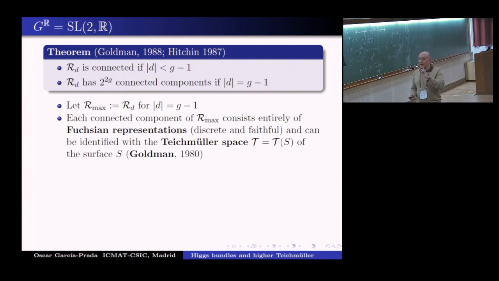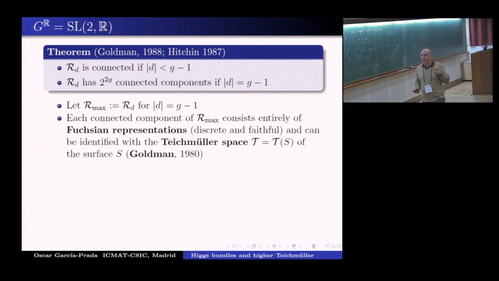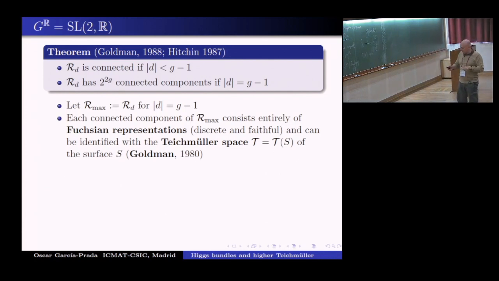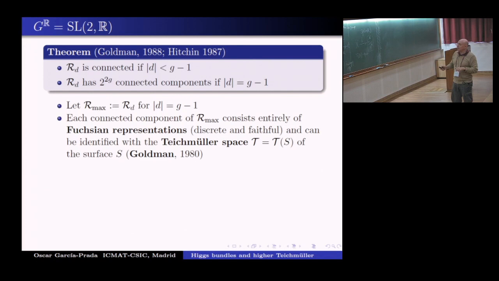You'll see later on how they appear, in fact, as square roots of the trivial bundle, which are 2 to the 2g, okay? And so spin structures, right? And this is how you actually construct these components. Let me say this: you call this maximal when D is g minus 1.